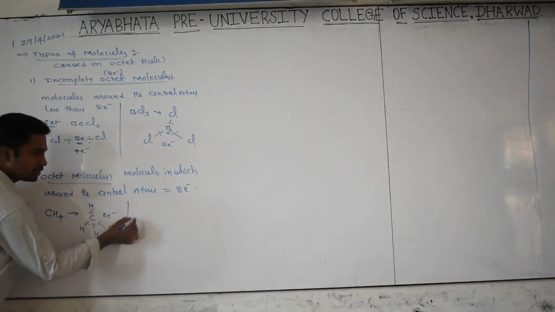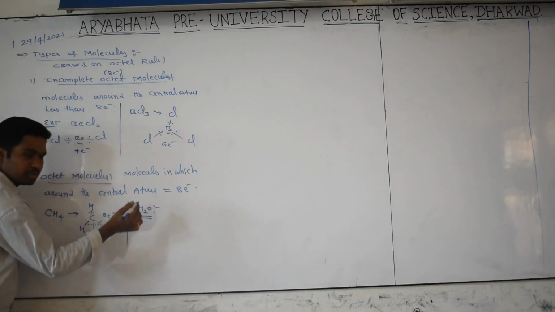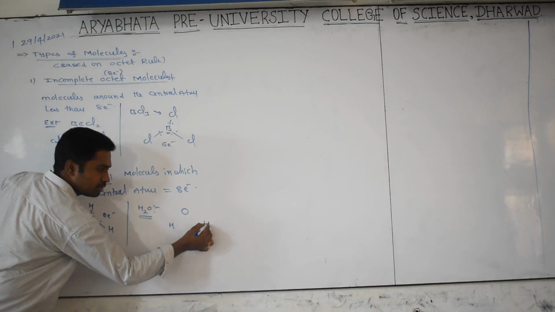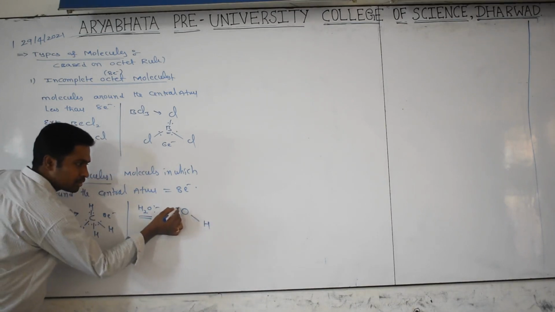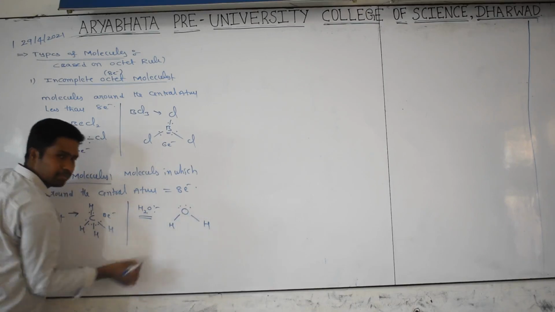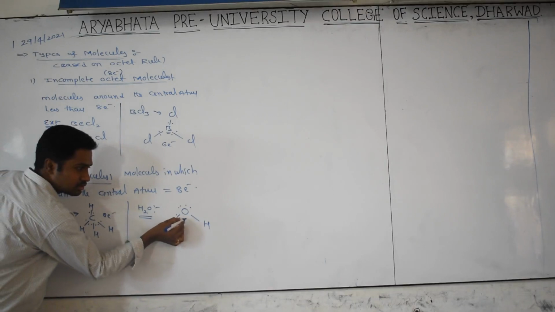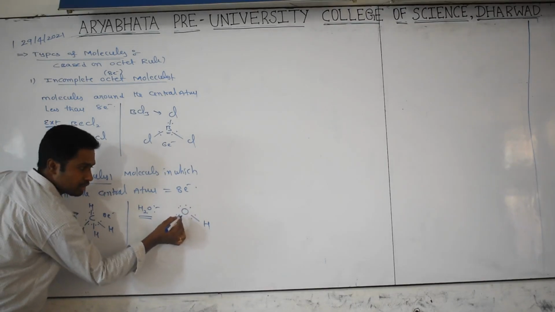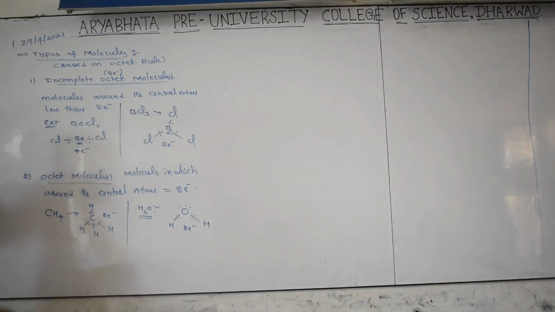I will tell you some other examples. Take H2O. What is the central atom here? Oxygen surrounded by 2 hydrogens, and each hydrogen can form one bond. After that, oxygen has 2 lone pairs. A bond means 2 electrons, each lone pair is also 2 electrons, and here 4 electrons. Together we have 8 electrons around the oxygen, so it is an octet molecule.